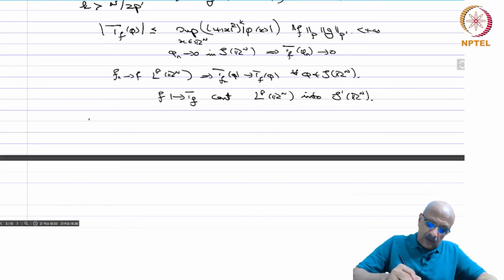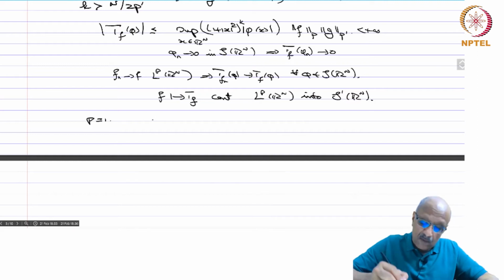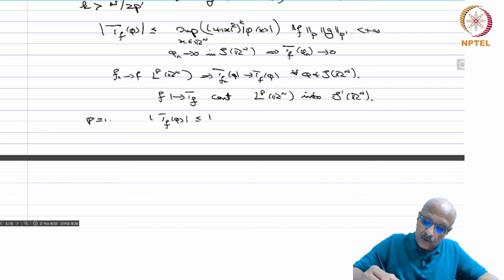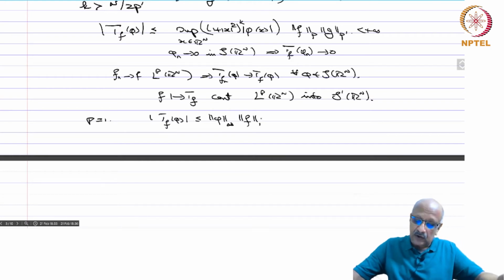Now if p equals 1, then you have |T_f(phi)| is less than or equal to the L-infinity norm of phi times the L1 norm of f. So there is nothing to do, it automatically shows the continuity.